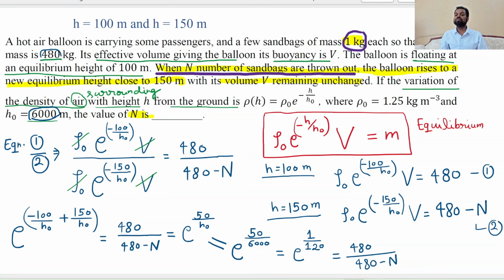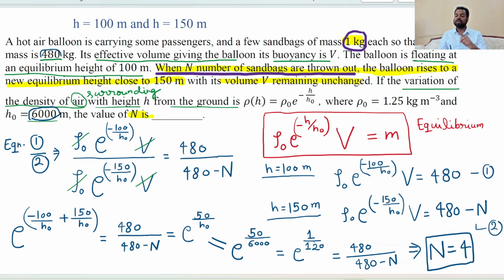If we do the calculation, we get n equal to 4.